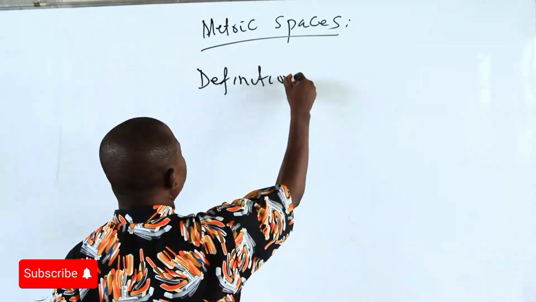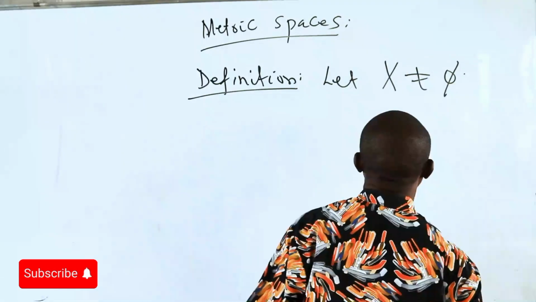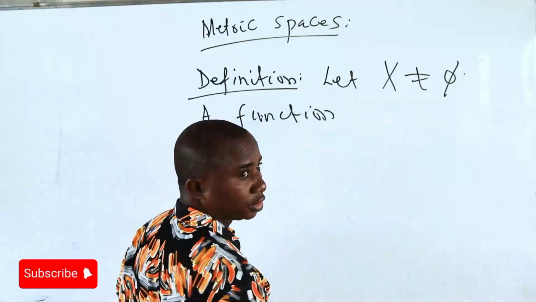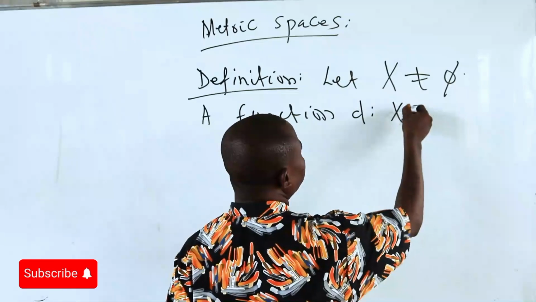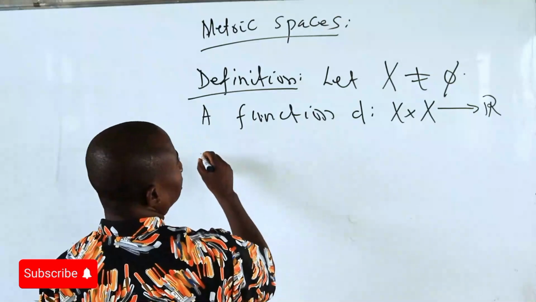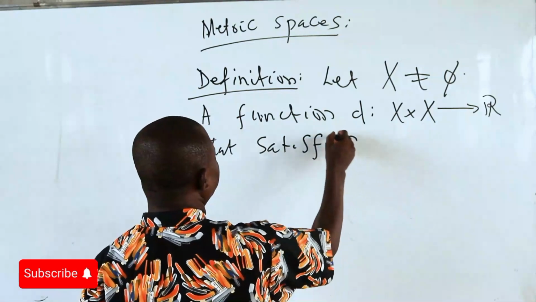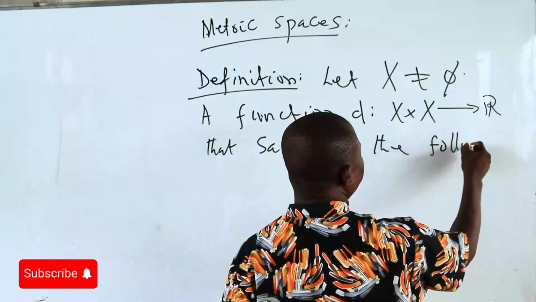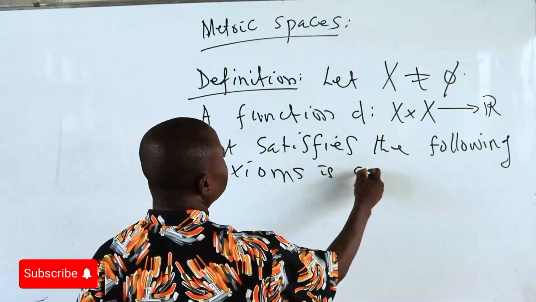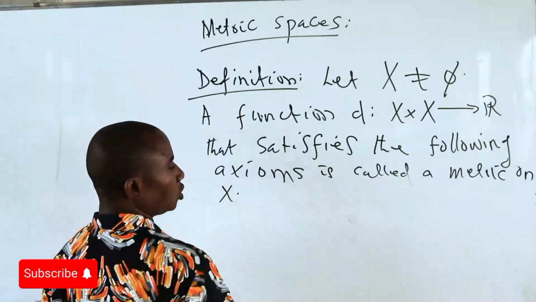Definition. Let X be a non-empty set. A function d defined on X cross X into the set of real numbers R that satisfies the following axioms is called a metric on X. What are those axioms?